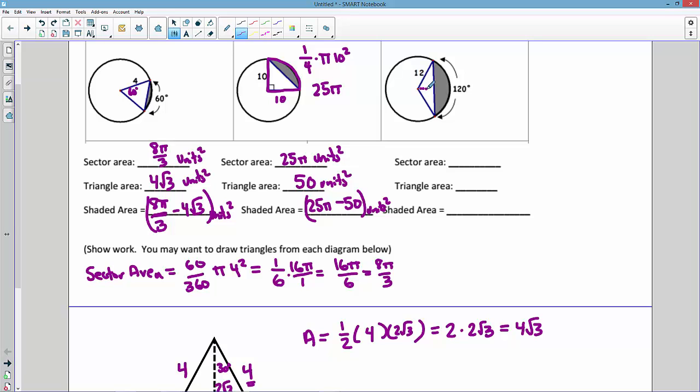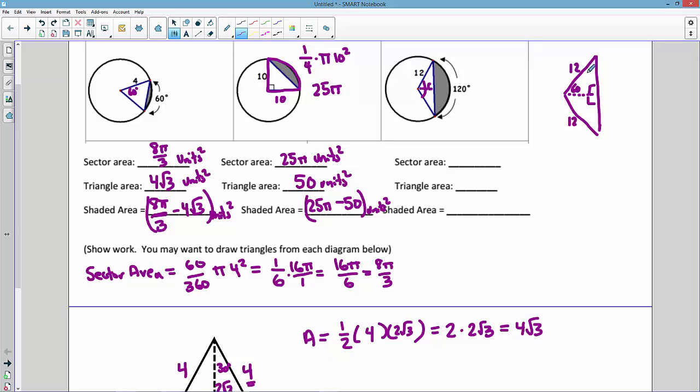And then this one, we're going to draw an altitude here. Okay, and we're going to have to make a bigger picture of this triangle. So this is a 120-degree angle in here, but if I split it like this, and I put a right angle in here with 12 and 12. If I split the 120-degree angle, it would be 60.